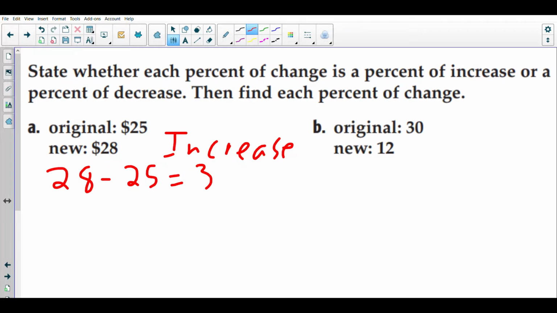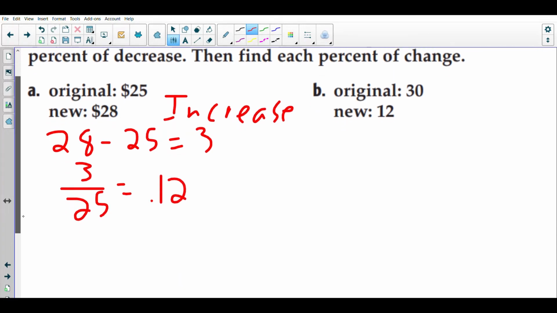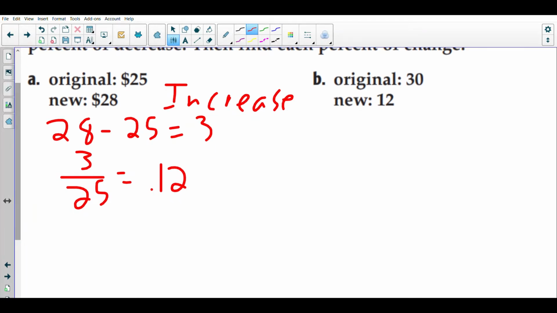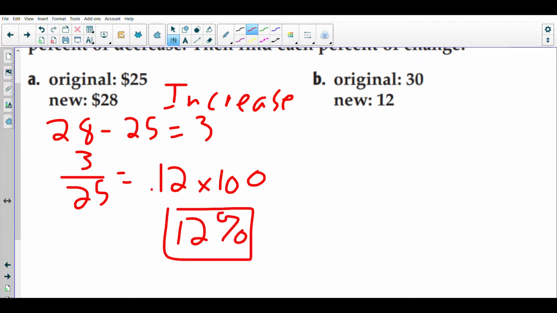Then we take that 3 and divide by the original, always the original, and that gives us 0.12. Then multiply by 100, which gives us 12, and add a percent sign. So we had a 12% increase. And that's how we do it.